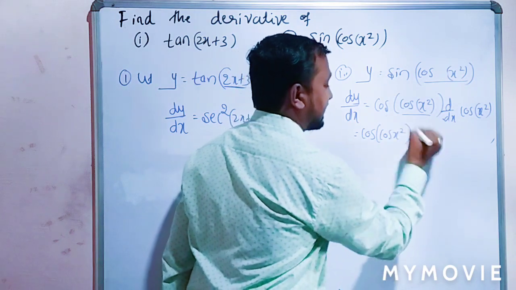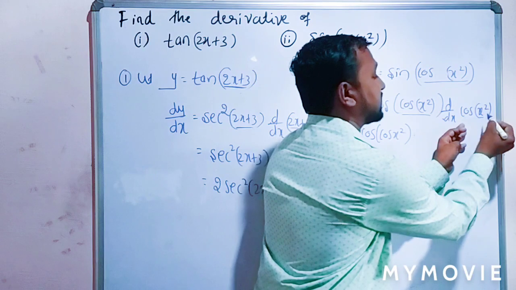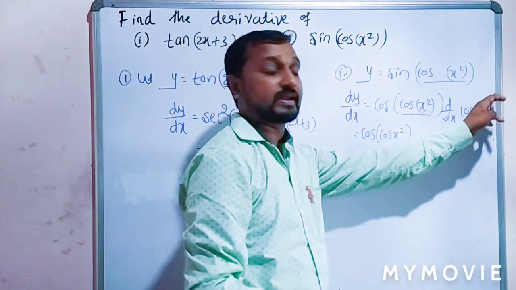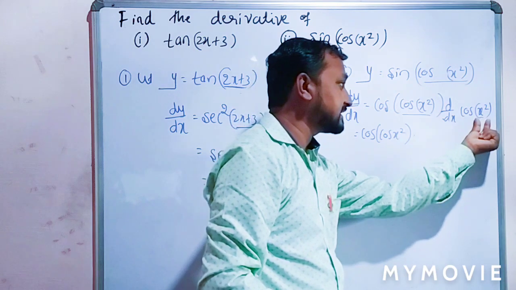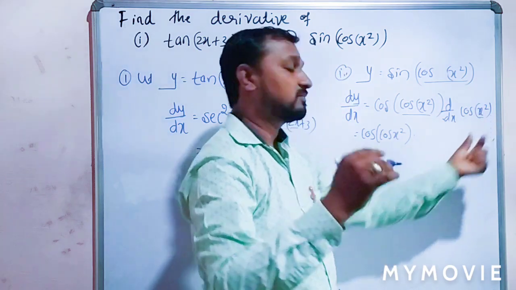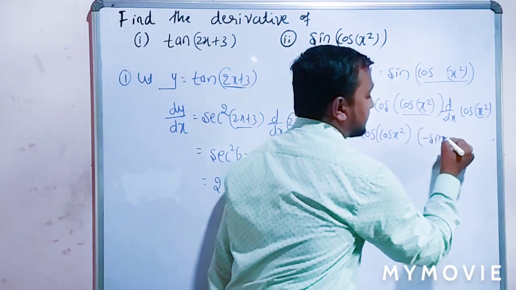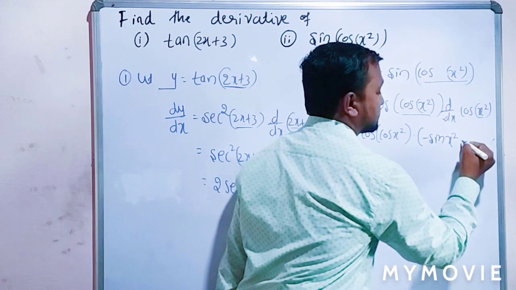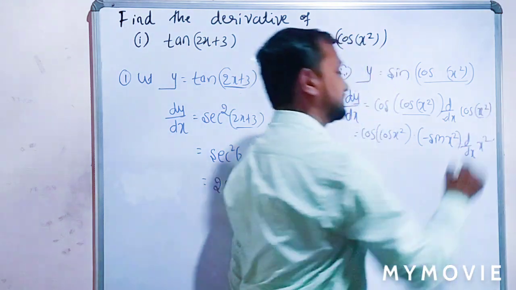Here also the derivative is of the form cos x. This is not x, this is x square. Again, this is a combination of two functions. So the derivative of cos x is minus sin x. What is the derivative of the cos x function? Minus. So this can be written as minus sin of x square with respect to d by dx of x square.